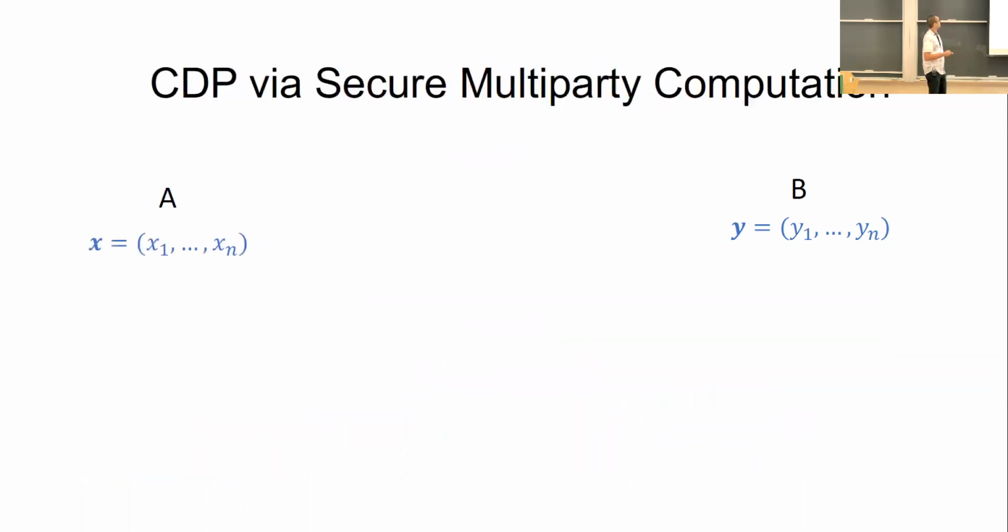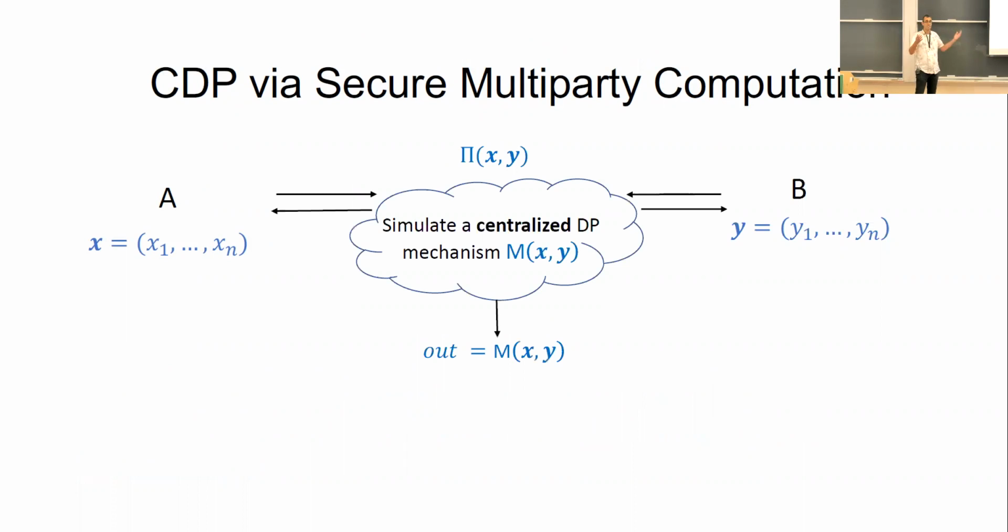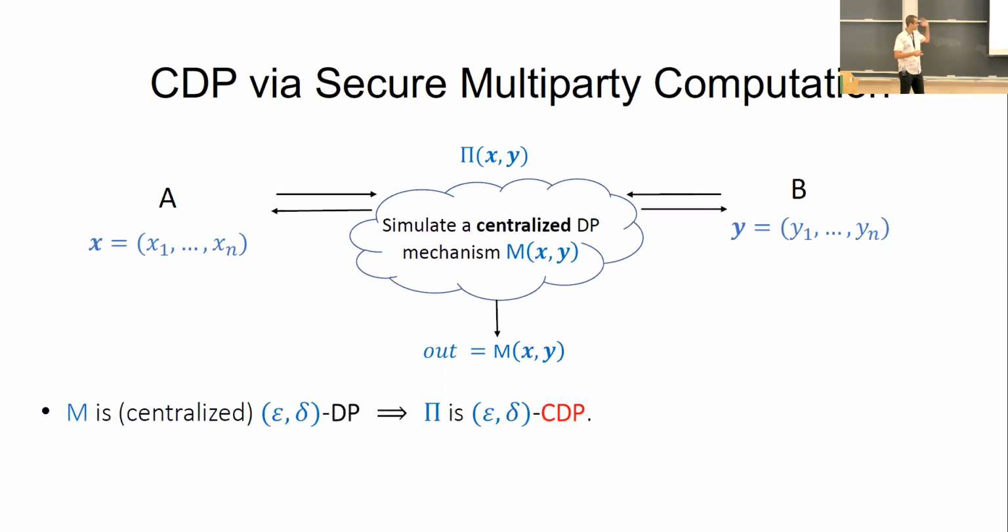It turns out that under cryptographic assumptions, we can basically do whatever we can do in the centralized model. Because now, using cryptography, the parties can simulate any centralized mechanism that they want using secure multi-party computation. You can think about this as a protocol where they don't learn anything except the output of the execution. So we can just simulate a centralized mechanism. If M is a centralized epsilon-delta DP mechanism, then the protocol is epsilon-delta CDP.